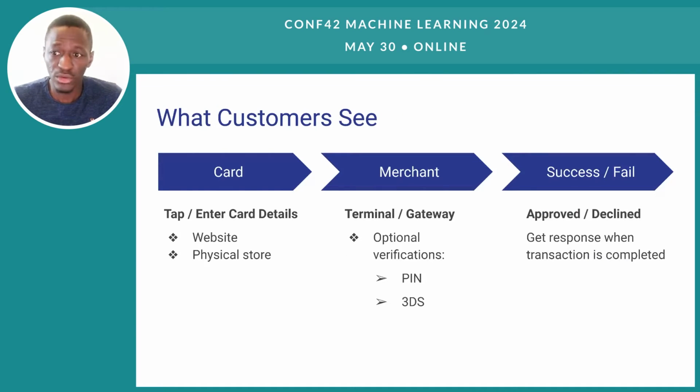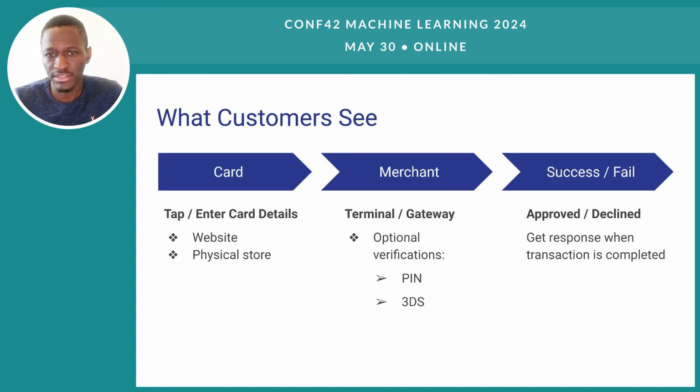So what do customers see when they make a card payment? From the customer's perspective, they interact with their card by tapping it on the terminal or entering their card details on the website. They may get an optional verification or authentication step in the flow, which could be asking for a PIN or 3DS.